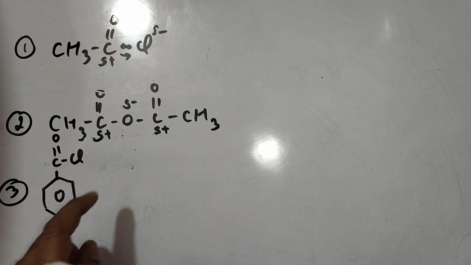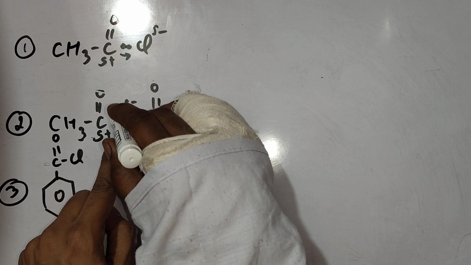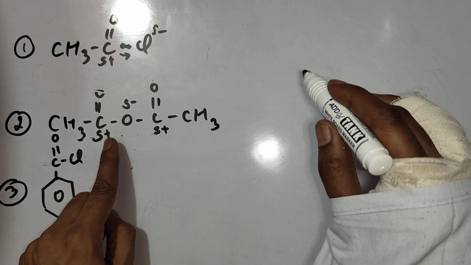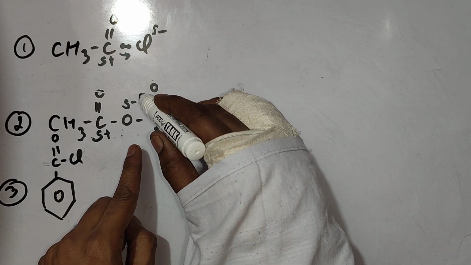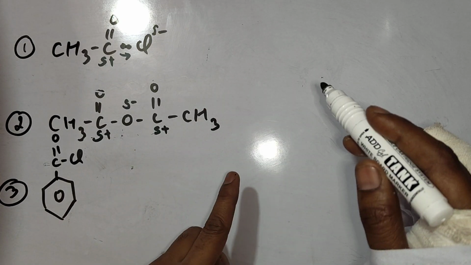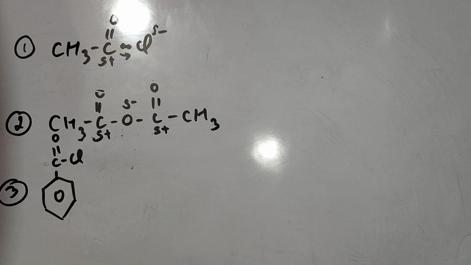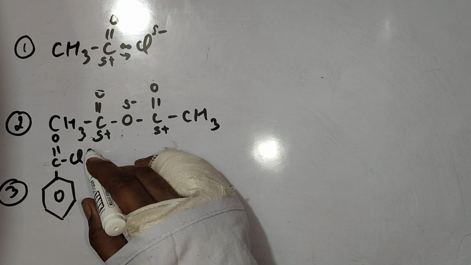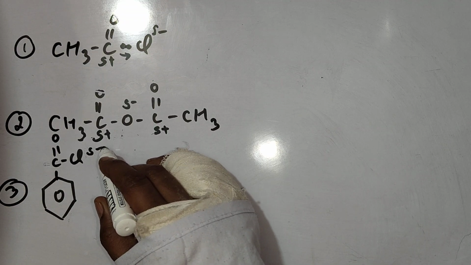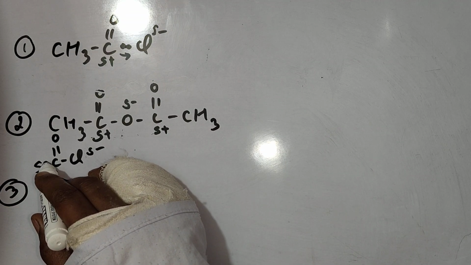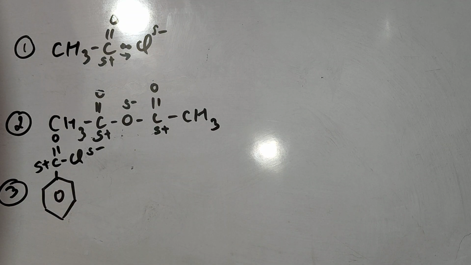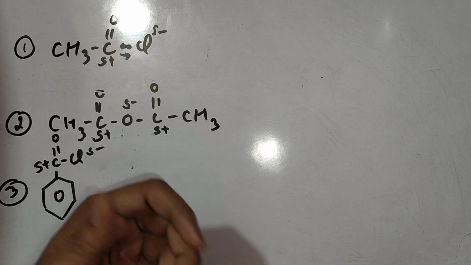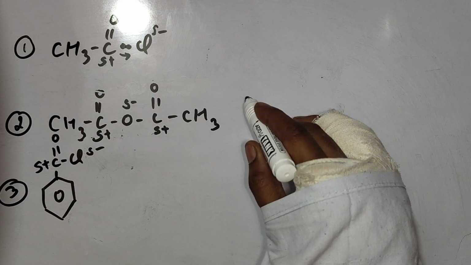So from any carbon you can break the bond. If I break the bond from here, the same product will generate, and from here the same product will generate. Similarly in benzoyl chloride, this chlorine is more electronegative than carbon, so negative, and this carbon positive. So first you simply need to put the charges over there.